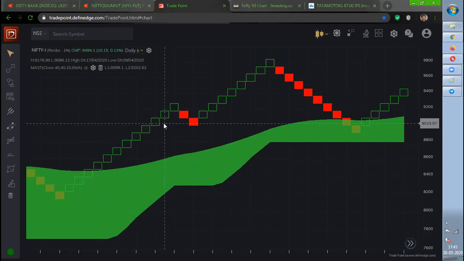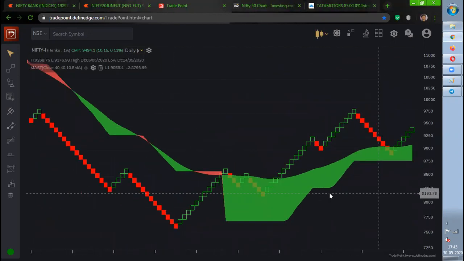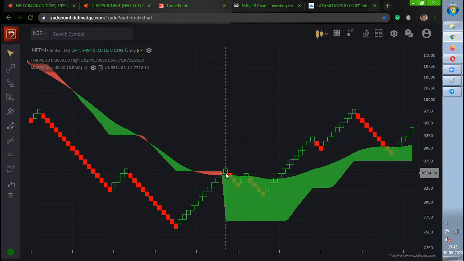So now what you need to do is, this indicator is there now, the green one. That is called the moving average and super trend indicator. Whenever the candle is moving above this green zone, you can go for a buy entry.